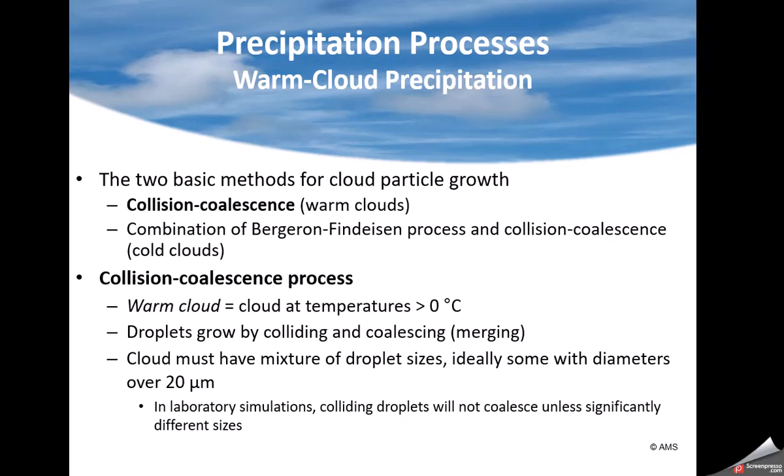And there are two processes that form precipitation in clouds. Collision coalescence occurs in warm clouds. The other day I had that here. We had temperatures in the mid-70s and pouring down rain, but the clouds were very, very warm. We had very tiny water droplets coming out of them because they were forming there.